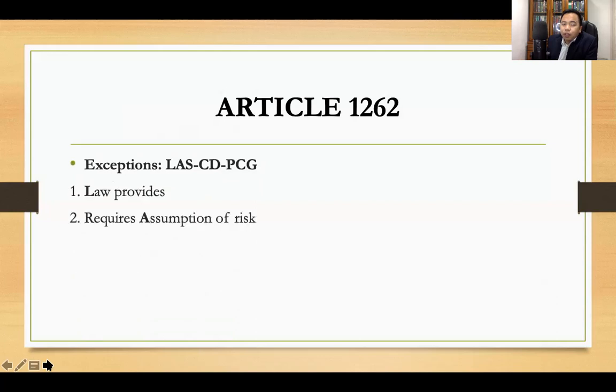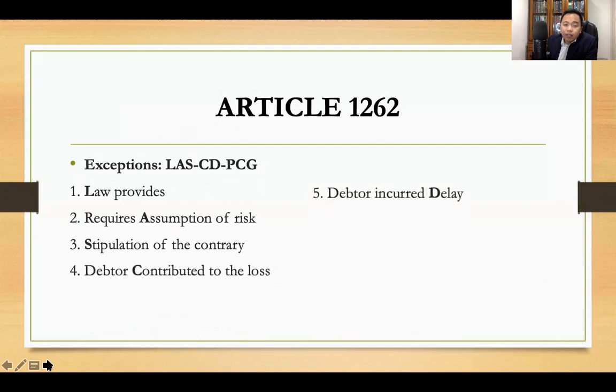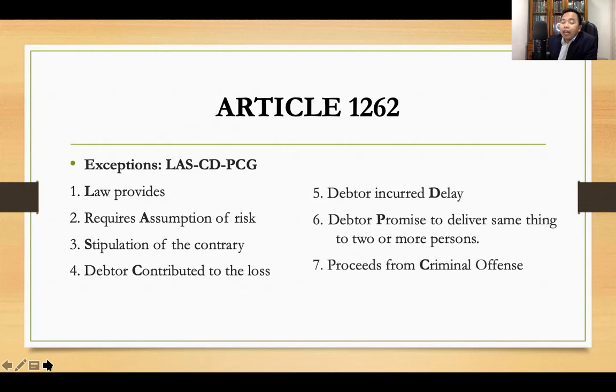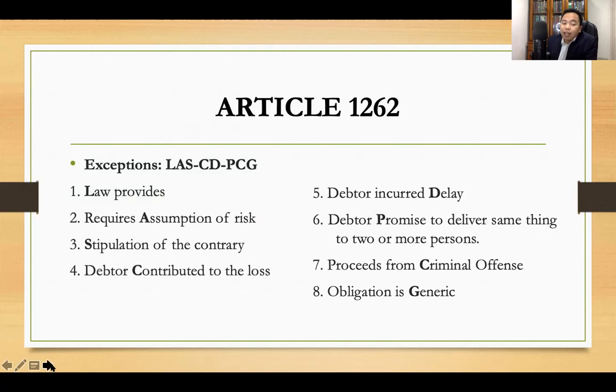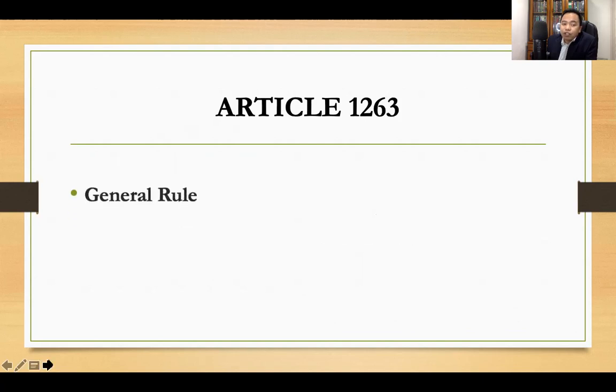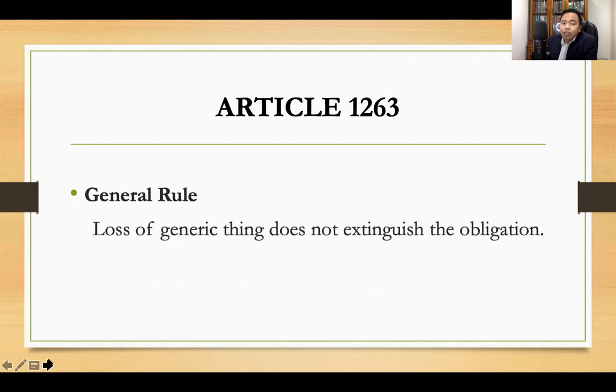Exceptions: when the law provides, when the obligation requires assumption of risk, when there is a stipulation to the contrary, when the debtor contributed to the loss, when the debtor had already incurred in delay, when the debtor promised to deliver the same thing to two or more persons, if the obligation proceeds from a criminal offense, and if the obligation is generic, because of the principle that genus never perishes. 1263.